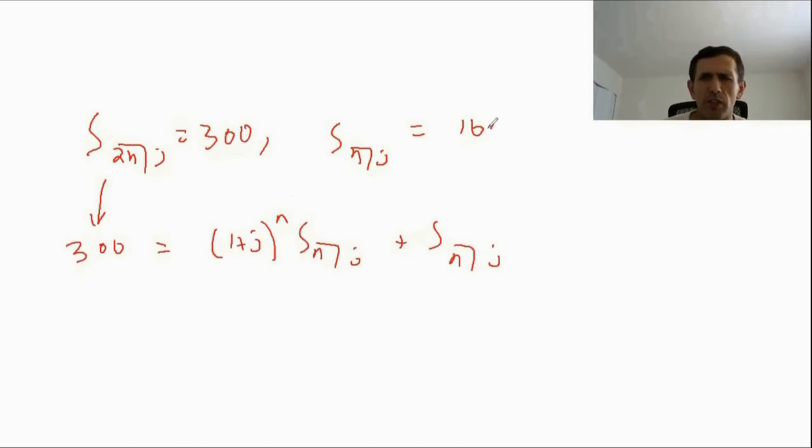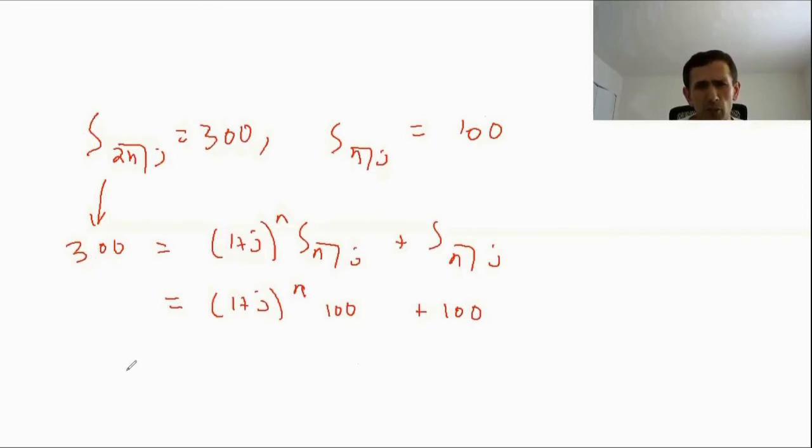Sorry, this is 100. I don't know why I put 10 here. But anyway, this is going to be (1 plus j) to the N times 100 plus 100. So just subtract 100 from both sides, divide by 100, and we get 2 is (1 plus j) to the N.